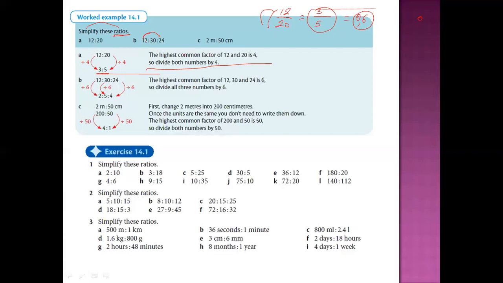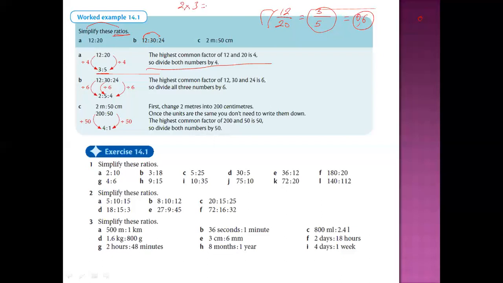Of course, the first is 2, after that is 3, and 4 is not a common factor because 30 is not divisible by 4. That's why you cannot take 4. The highest common factor is 6, which is 2 times 3.